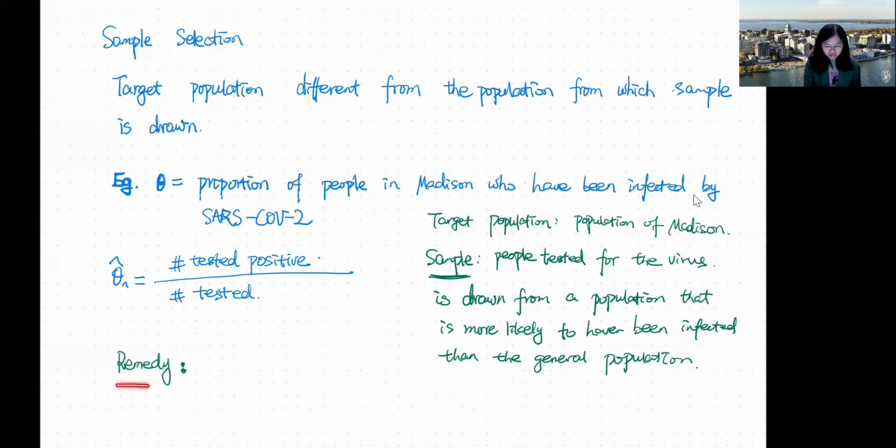So one remedy to this selection problem might be to randomly select people from the community and then encourage them to take the test or force them to take the test.